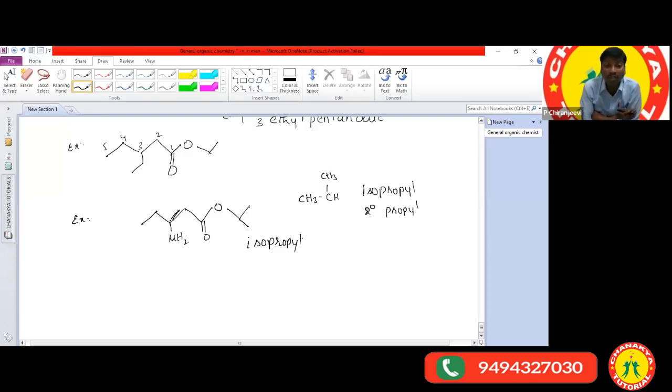What is the substituent present in the given compound? NH2, ma. So this one is NH2. What is the prefix of the amine functional group?